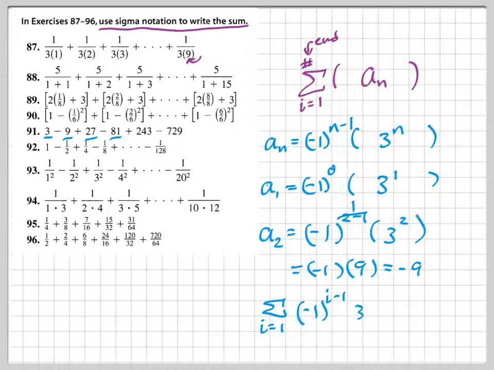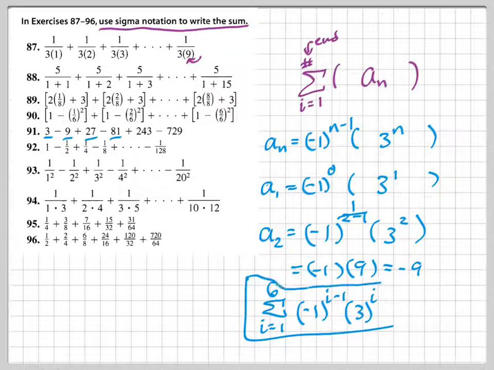And then we're going to take 3 and raise it to the ith power. And then how many times are we going to do this? When is this going to end? Let's see, 1, 2, 3, 4, 5, 6. So 6 times. 6 would be the last number that we plug in, and that'll be it. You don't actually have to find the sum. It just says write it in sigma notation.